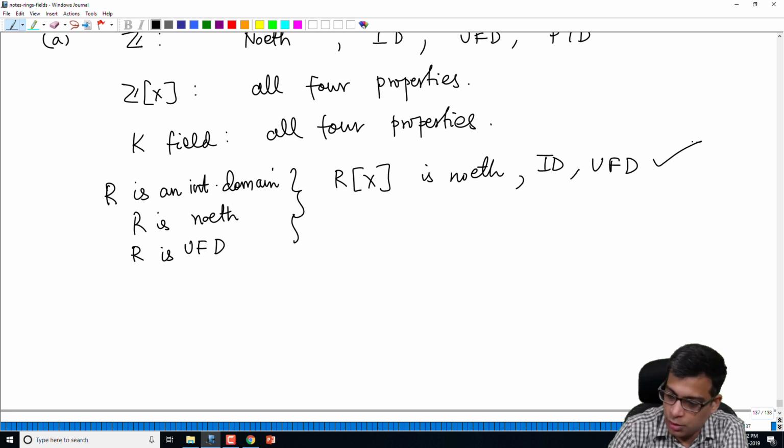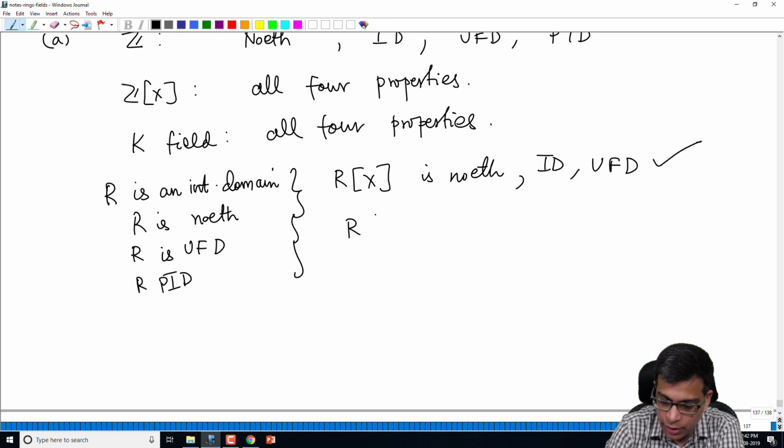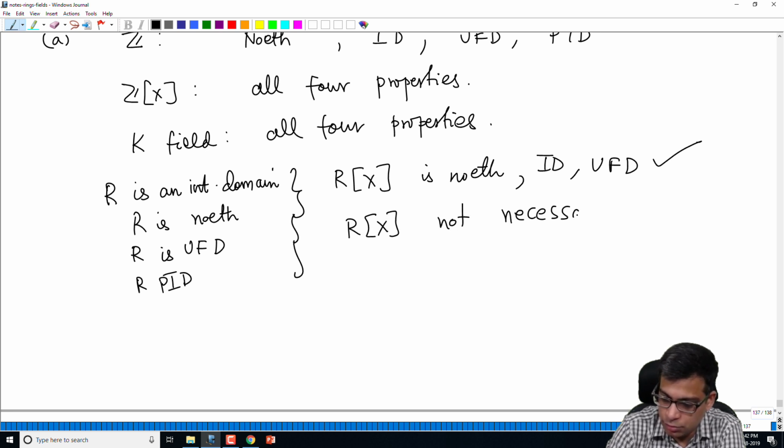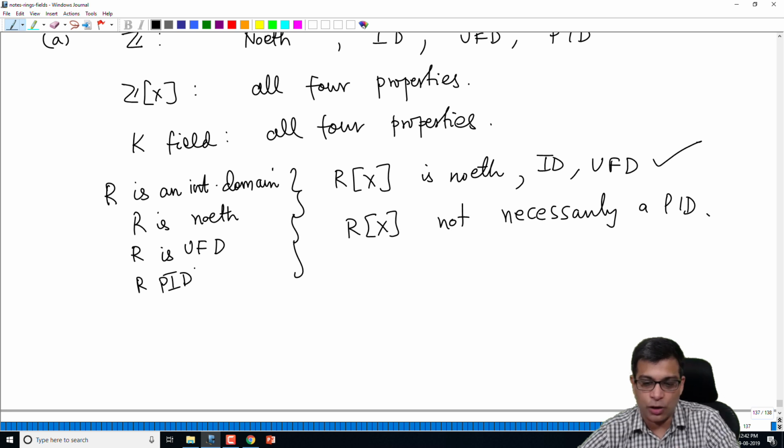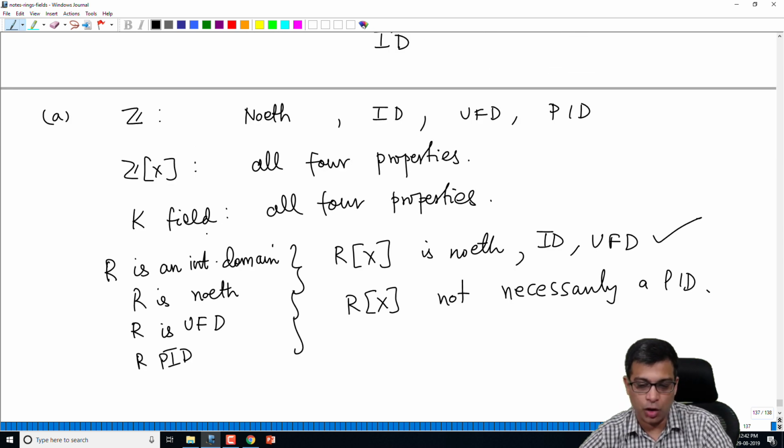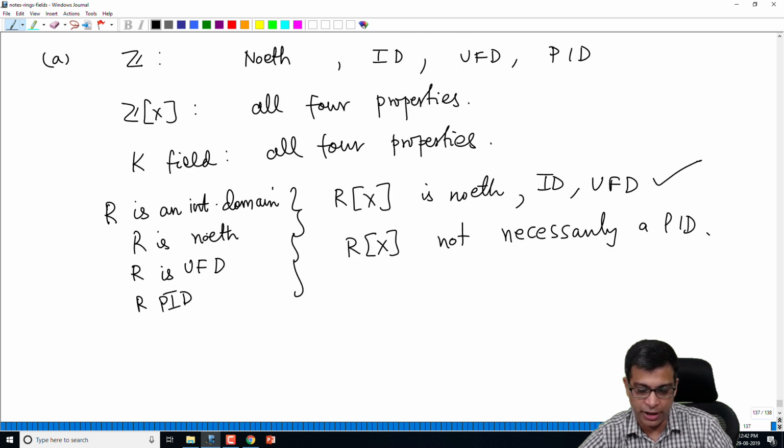But if R is a PID, R[x] is not necessarily a PID, right? So take R which has all the 4 properties that we are interested in: Noetherian, integral domain, UFD, PID.